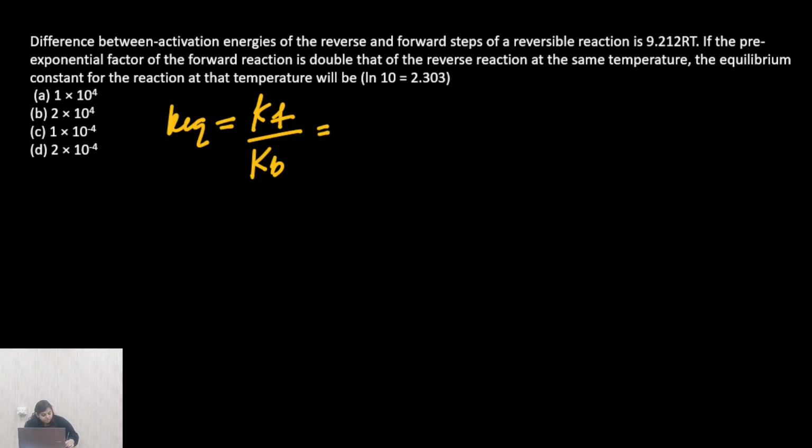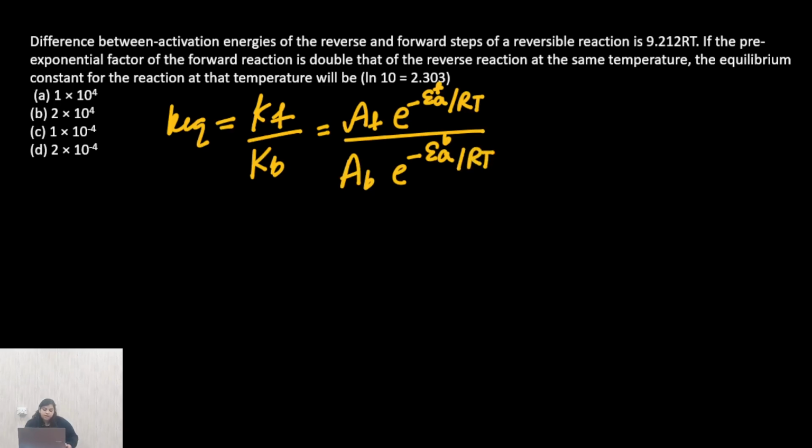So we can write it according to Arrhenius as A for the forward, which is the pre-exponential factor, into e raised to the power of minus the activation energy of the forward direction upon RT, upon the pre-exponential for the backward into e raised to the power of minus the activation energy of the backward upon RT. Like this we can write it.